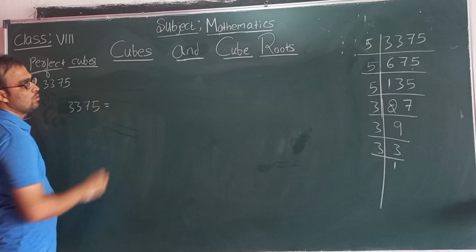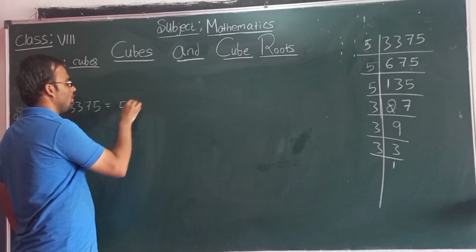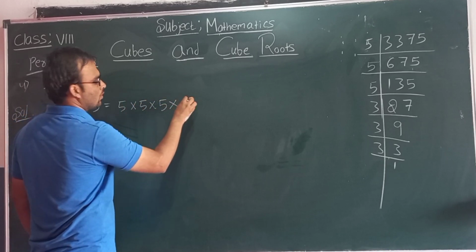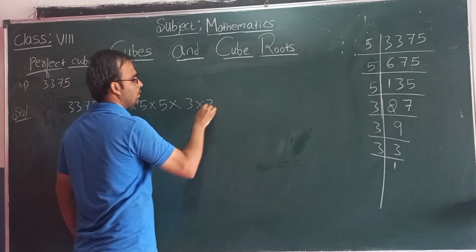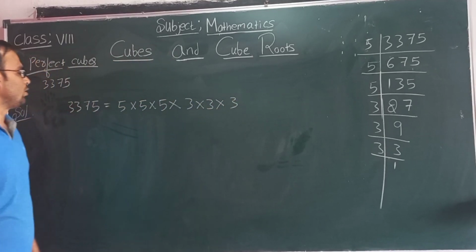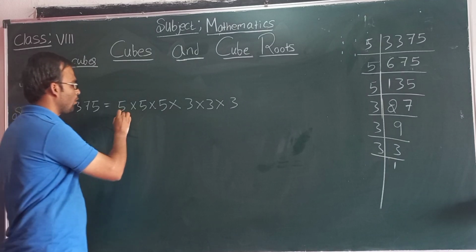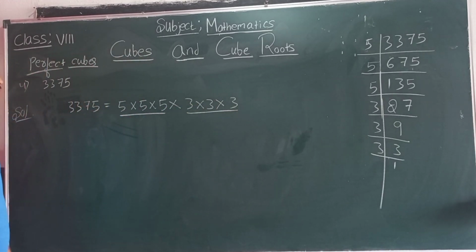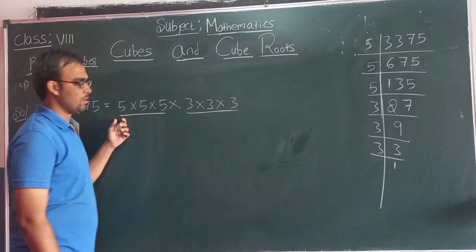3375 equals 5 into 5 into 5 into 3 into 3 into 3. Okay. Now students, what is the next step? We need to make a group of 3 of the same number.